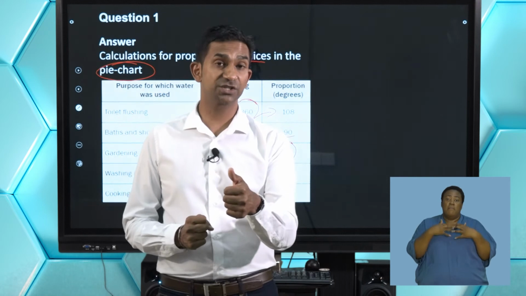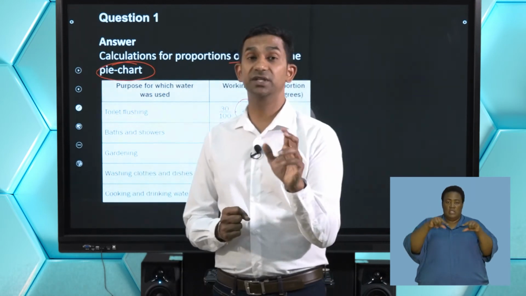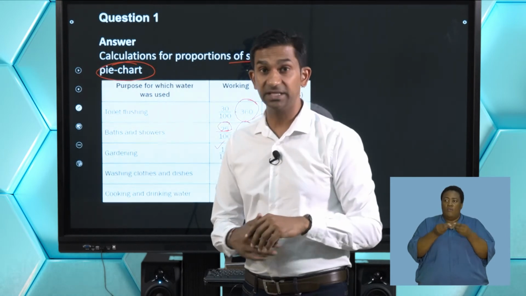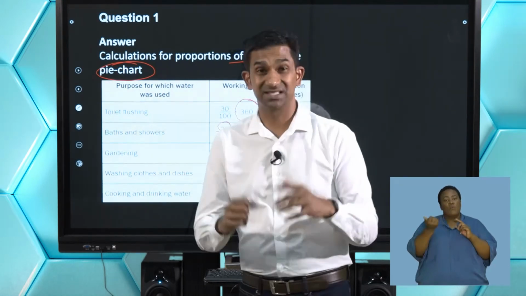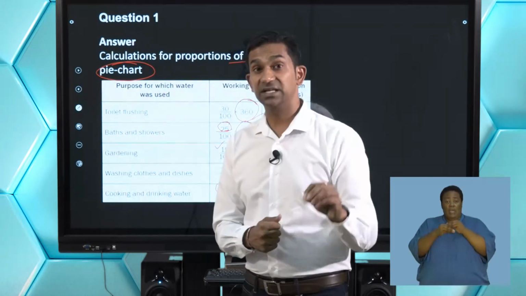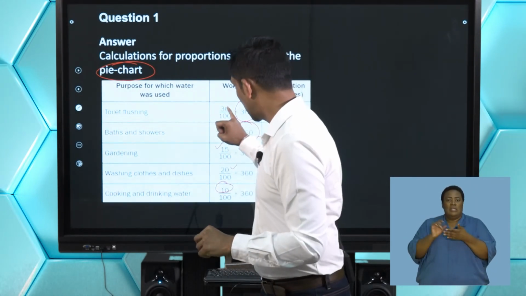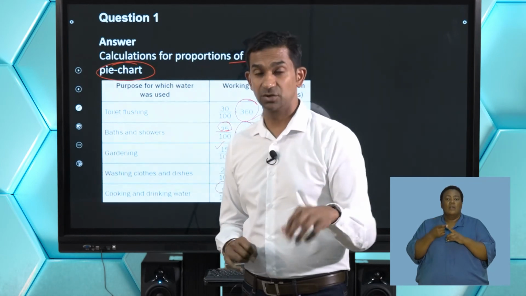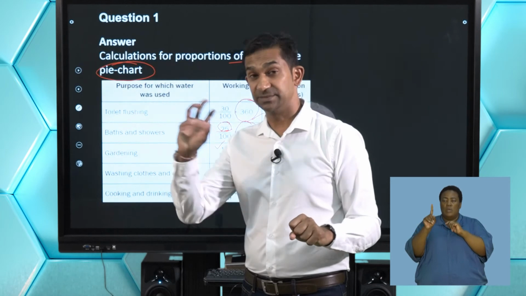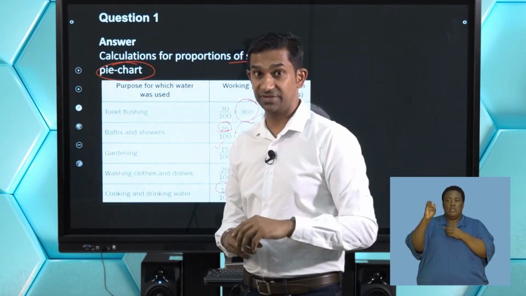So when constructing a pie chart, it's important that we add the total number of the dependent variable. In this case, we are fortunate that it was in a percentage. We add that up and we calculate that as a proportion out of 360. So in this case, we converted that proportion to a degree out of 360.